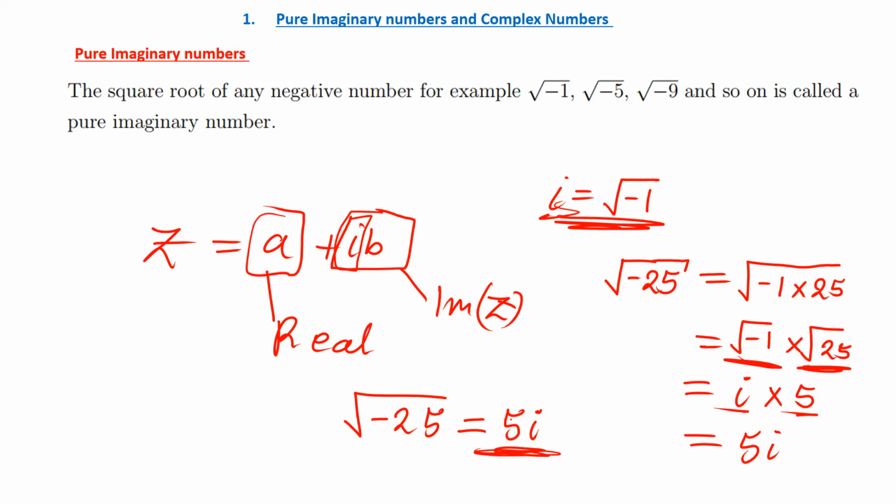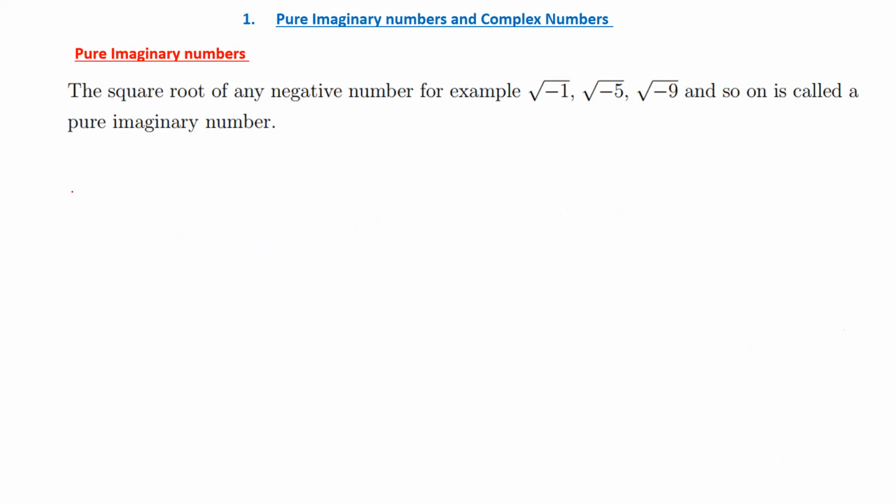So now let's look at this. We said I is simply equal to the root of -1. And what if we say I squared? What's the answer for I squared? I squared is simply the same as the square root of -1 squared.